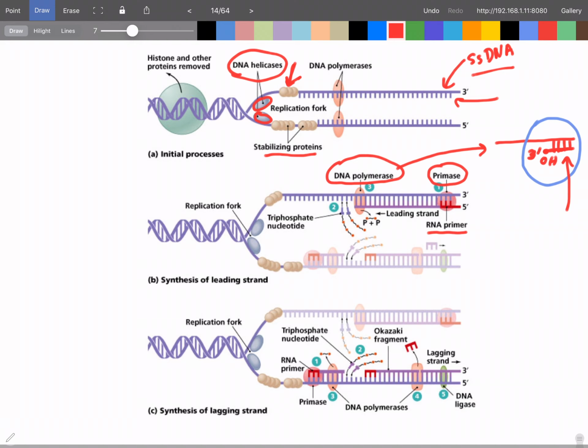Okay? So, DNA polymerase can then see this little piece, and usually it's about 6 to 10 nucleotides long, of RNA that's associated with a single-stranded DNA. Okay, DNA polymerase binds, and then it starts adding new nucleotides to this 3' end. So one there, one there, one there, and so forth.